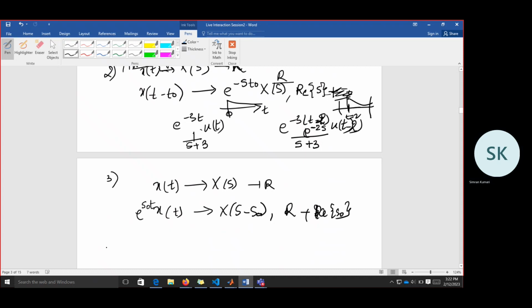Okay. Now similarly, the differentiation property. Basically, there is a signal x(t). For communication purposes, when a signal has to be sent to some other place, it has to be embedded in a high frequency signal.